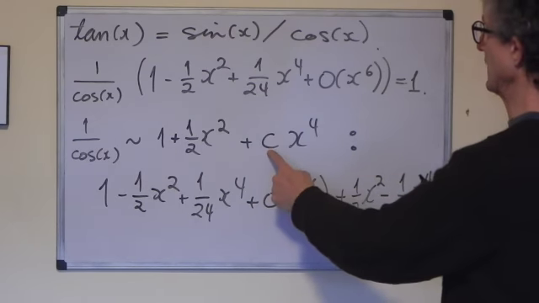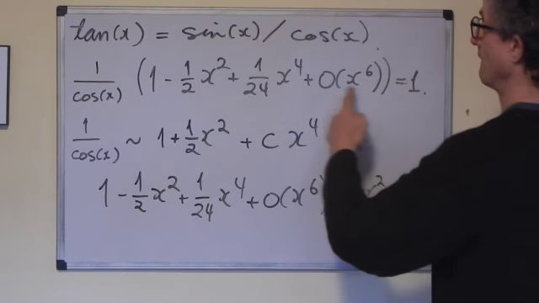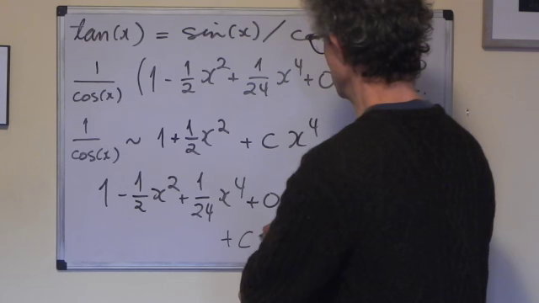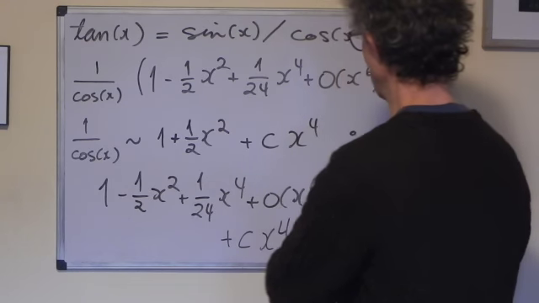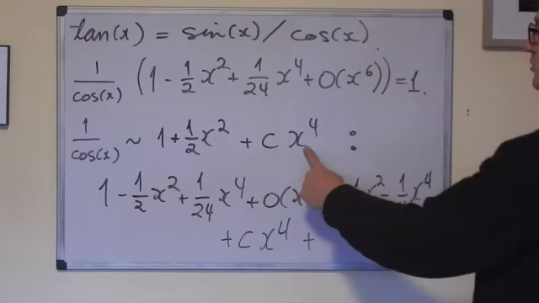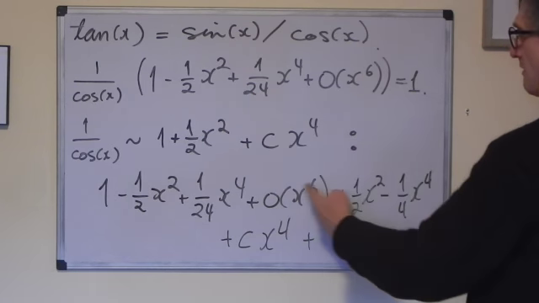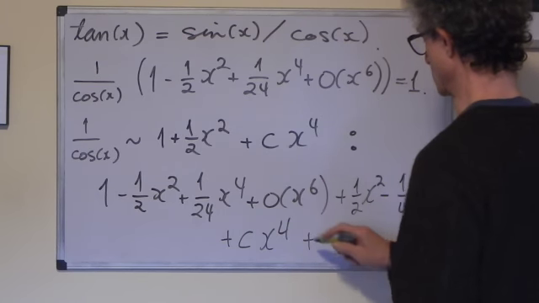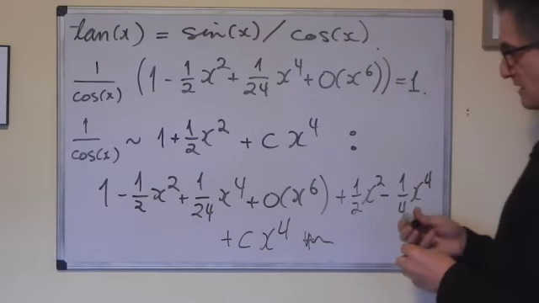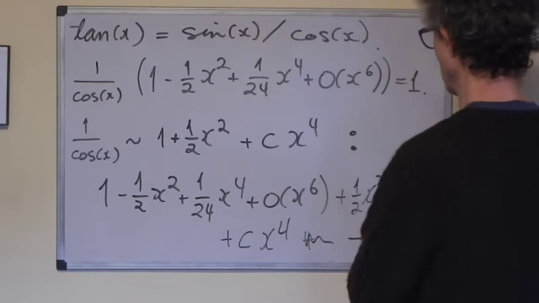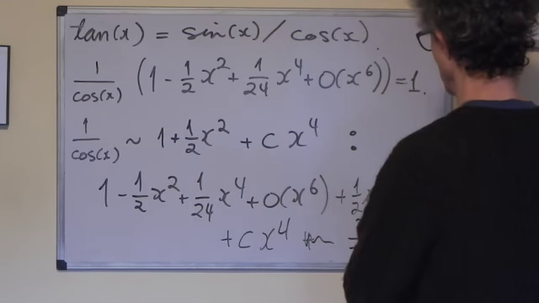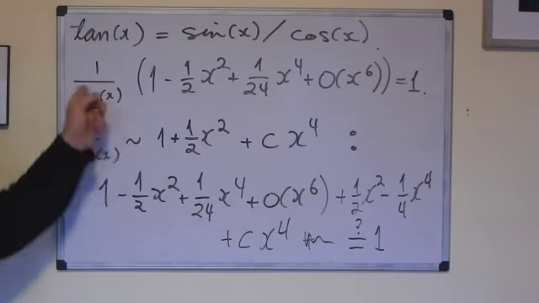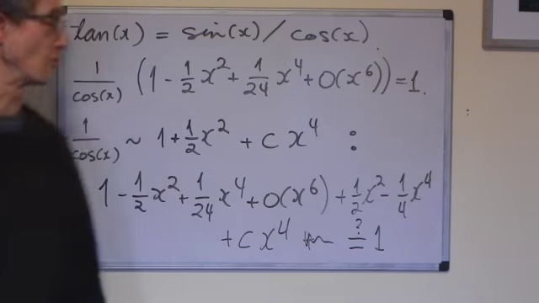When we multiply c x to the 4th by the polynomial for cosine, we get plus c x to the 4th. And again, when we multiply x to the 4th by x squared, we get something of order x to the 6th, so we don't really need to add anything. What do we want this to be equal to? We want this to be equal to 1, the right-hand side, the product of these two.